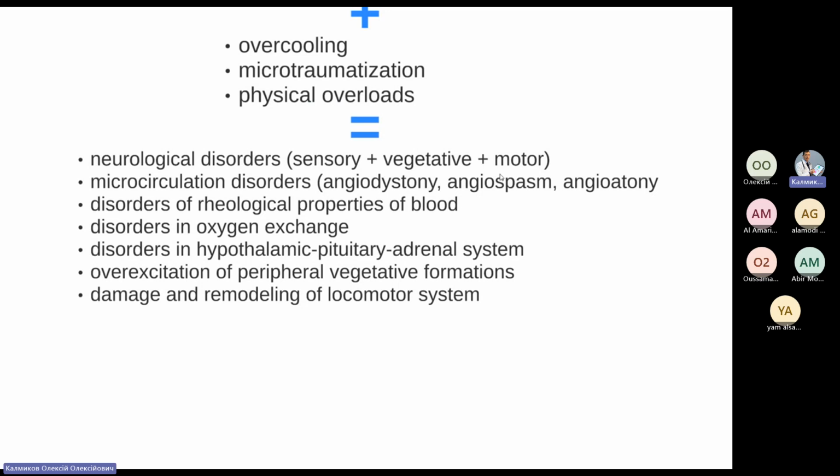Later, after some progression, there is domination of angiospastic condition with not so much dilation.